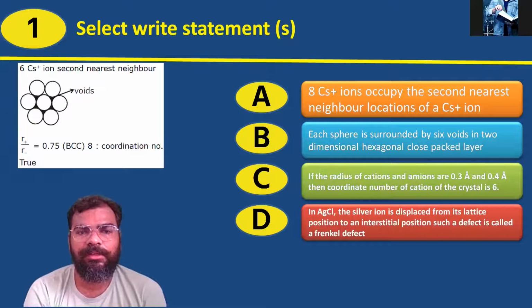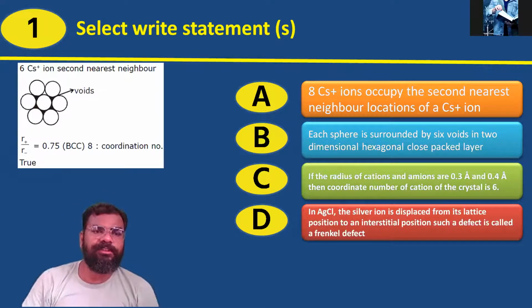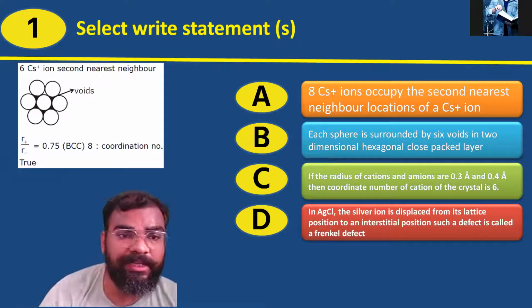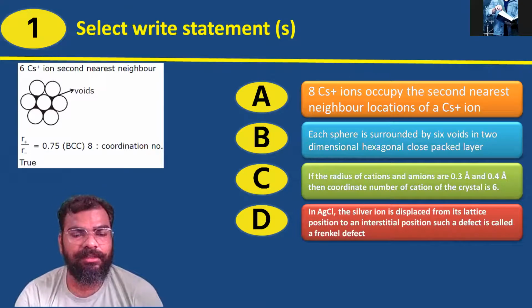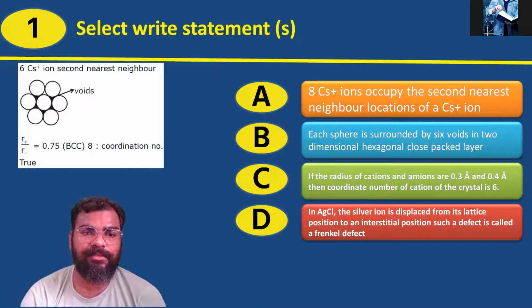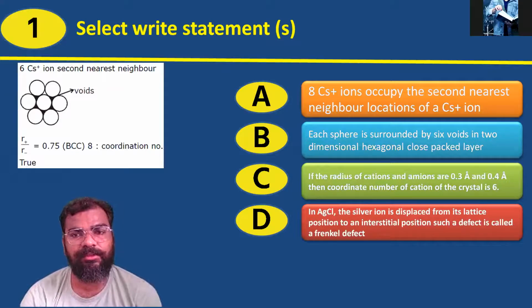the 6 Cs+ ions are the second nearest neighbors, here you can see the diagram, that R+ upon R- is equal to 0.75 when it is BCC, body-centered cubic.